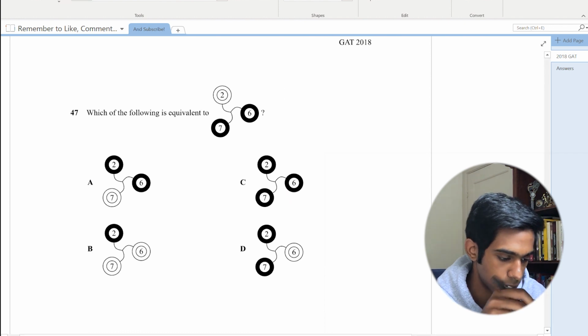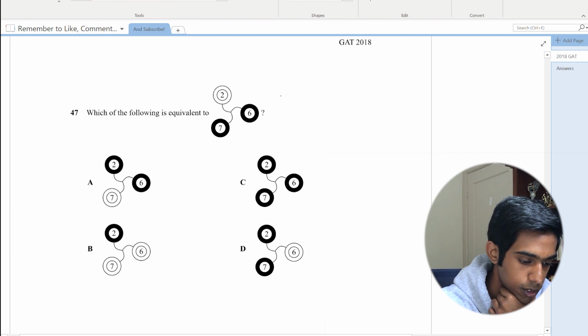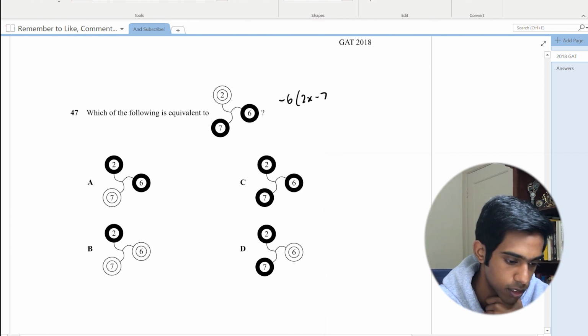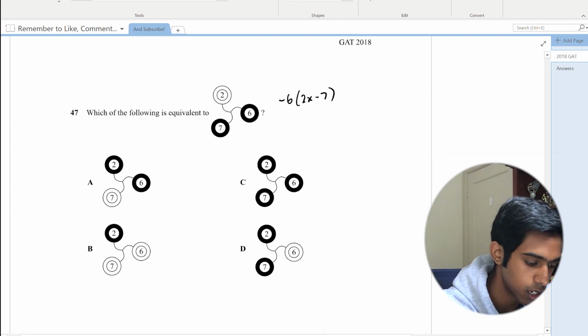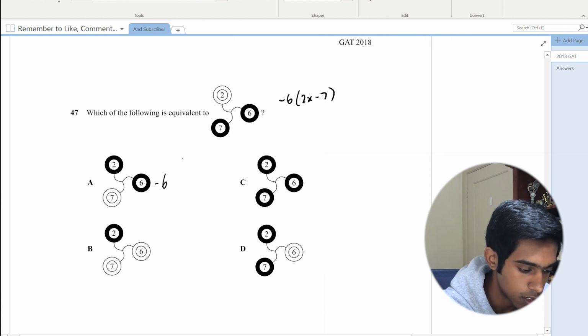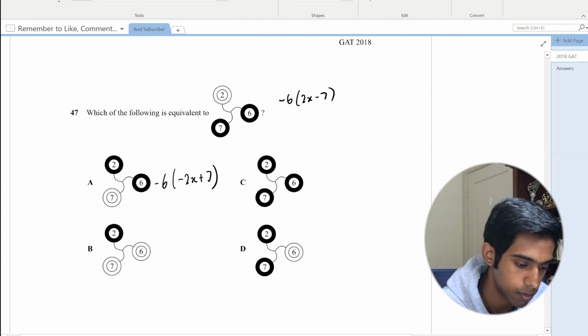Okay. So which of the following is equivalent to this? So let's have a look. Let's just say what this is equal to. This is negative 6, 2x minus 7. And now we just have to think to ourselves, what are these equal to? So this one is negative 6 minus 2x plus 7. These are not the same because we can just expand this real quick: negative 12x plus 42.